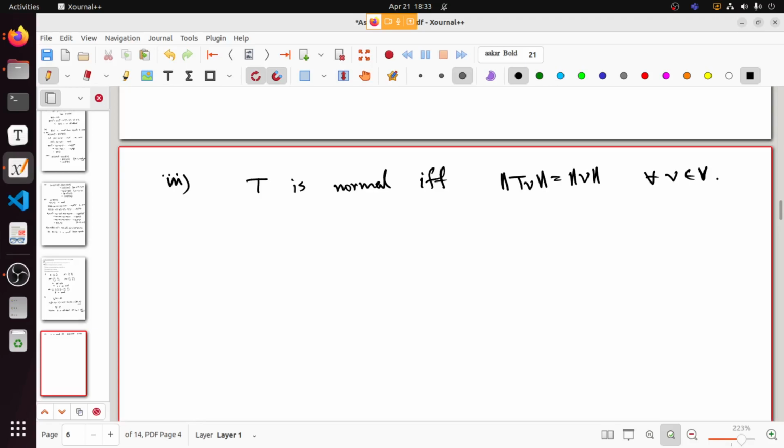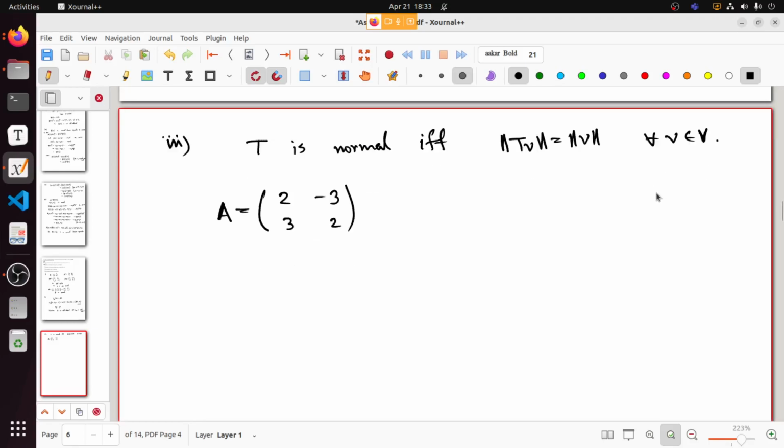Take the corresponding matrix of the linear operator A, of the form [2 -3; 3 2]. Then check that A is a normal operator. This is easy, just compute A star A and A A star. They will be the same. So A is a normal matrix.